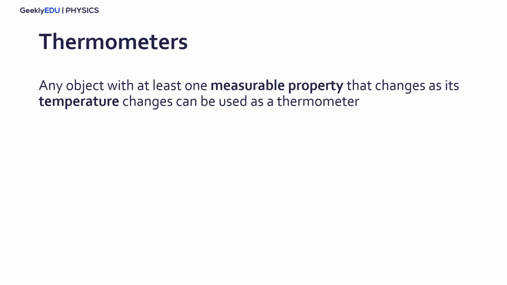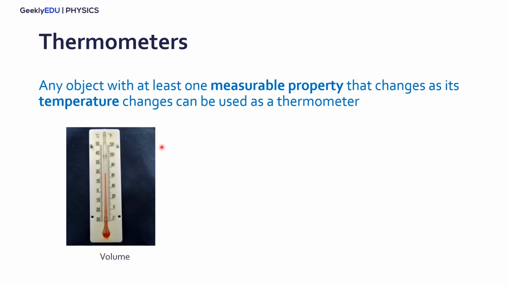One of the most common applications of the Zeroth Law of Thermodynamics is in thermometers. A thermometer can be any object with at least one measurable property that changes as its temperature changes. For example, in this kind of thermometer here, the volume changes as the temperature changes.